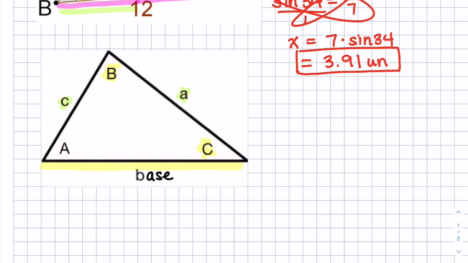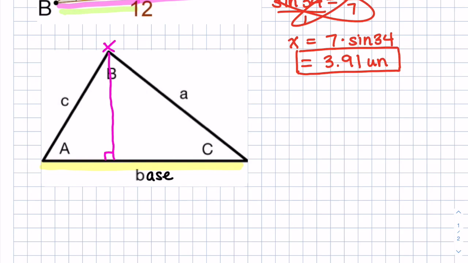Okay. Then we don't see the height per se, but I'm going to draw one. So the height goes from the very top all the way down, touches the bottom or the base of the triangle, right? Now notice when I drew that altitude, I also kind of cut through angle B, so I can't really use angle B much anymore in this calculation.